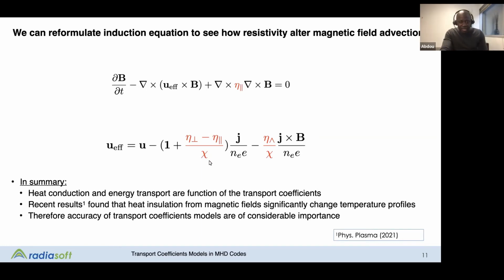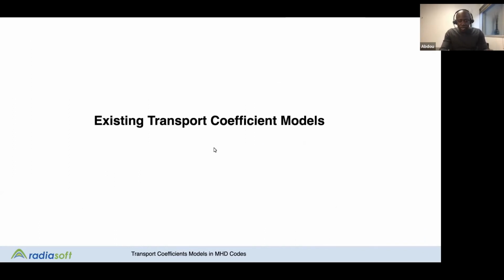So that's what chi is here, basically the cyclotron frequency times the electron-ion relaxation time. All this physics is quite complex, but I think this makes it a bit clearer how they impact the physics. All right. So now we think we know that these transport coefficients are important for the physics that we want to look into.